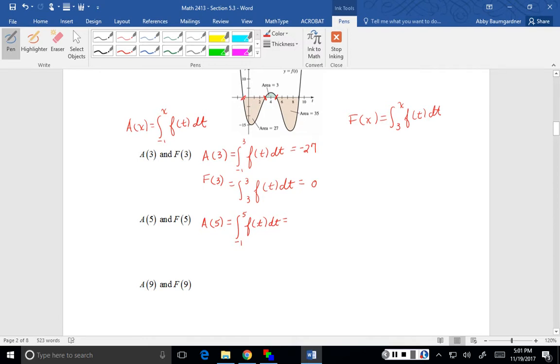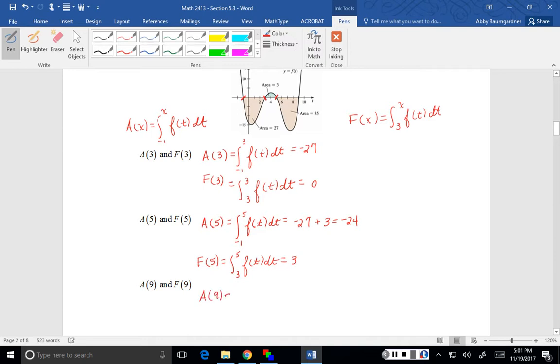The first one starts at -1 and goes to 3, and it is below the x-axis, so it returns -27. But then you also need to pick up the area between 3 and 5, which we're told is a value of 3. F of 5 says start at 3 and go to 5. Well, if you start at 3 and go to 5, your area is just 3.